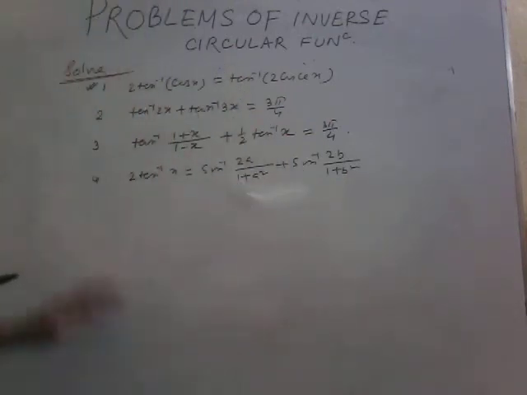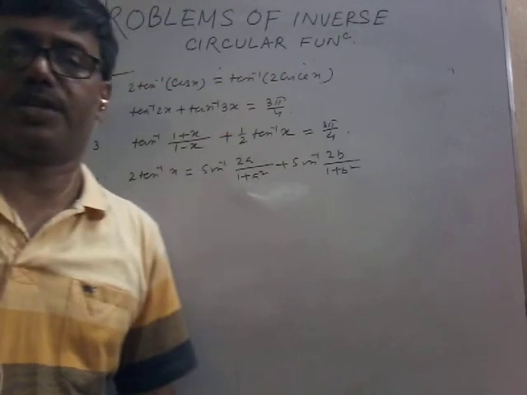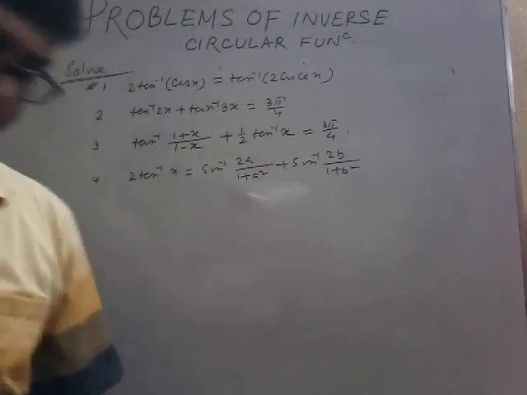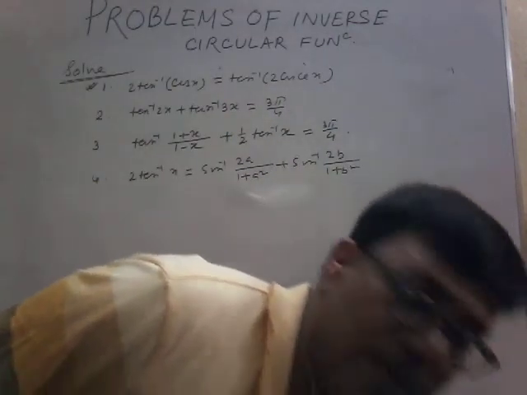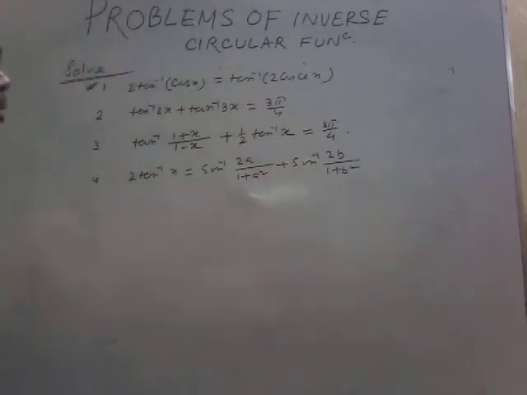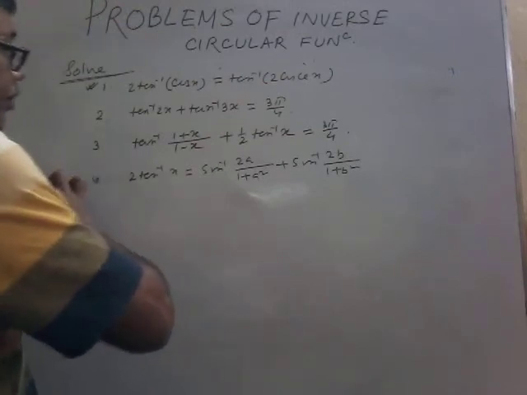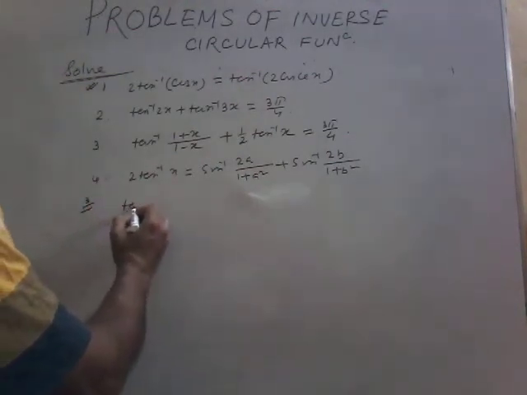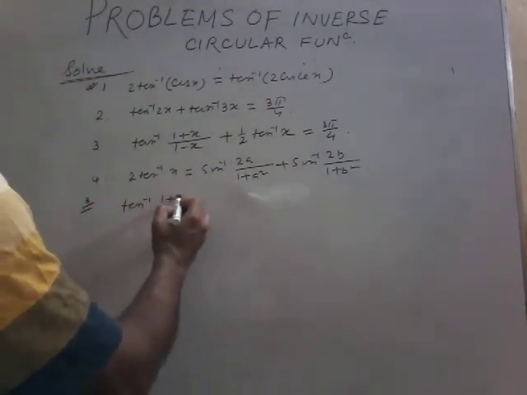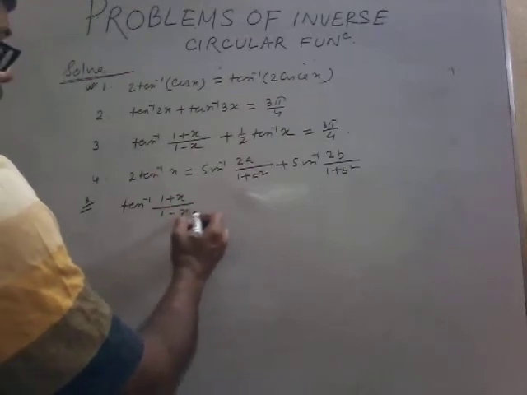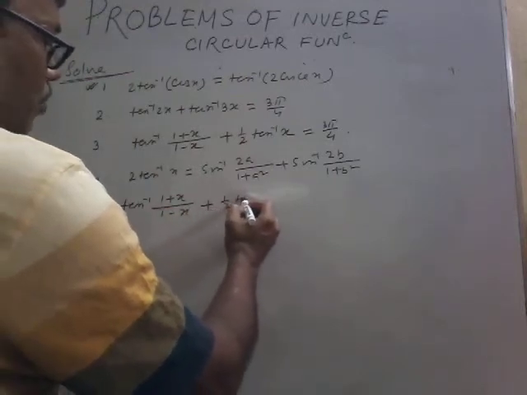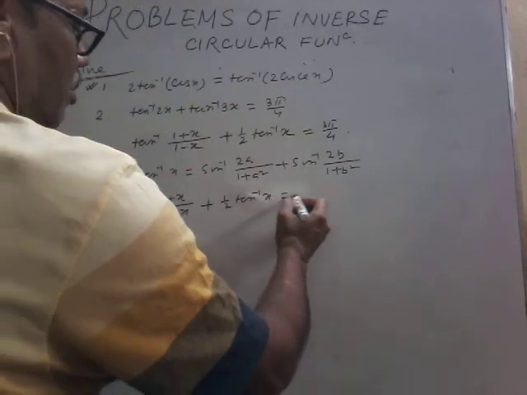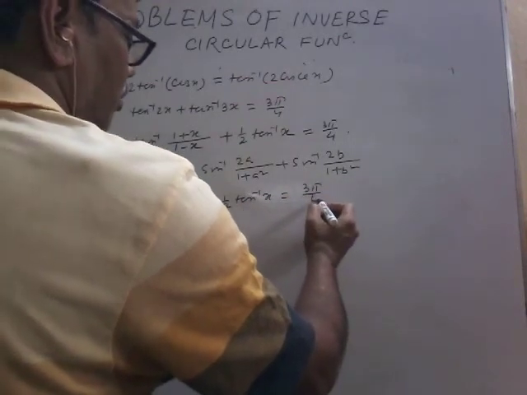First, we will consider these basic problems. Very simple problems, one problem is sufficient. Suppose problem number 3: tan inverse of (1 plus x) by (1 minus x) plus half tan inverse x equals 3 pi by 4.